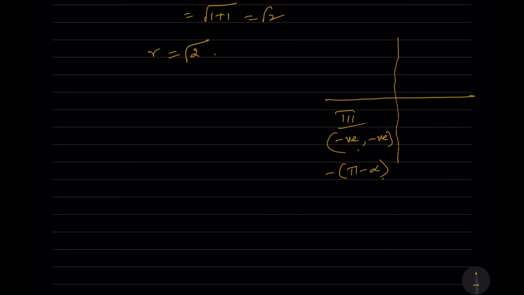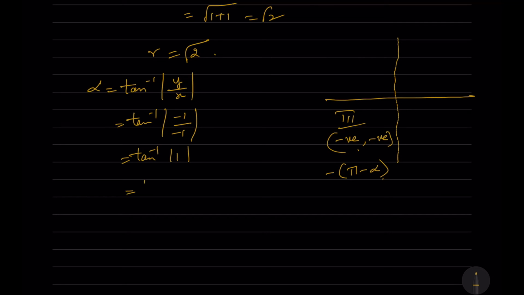So therefore here r is equal to root 2 we got, so alpha we find out first. So alpha is tan inverse of mod of y by x, which is equal to tan inverse of minus 1 by minus 1, which is equal to tan inverse of mod of 1, that is equal to tan inverse of tan of pi by 4.